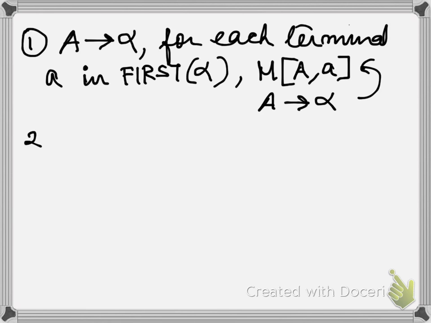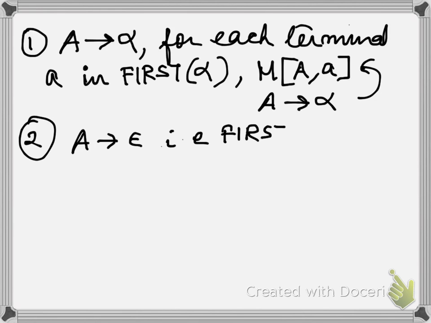The second step is that I may have a production of the type A derives epsilon, or, more generally, first of alpha contains epsilon.